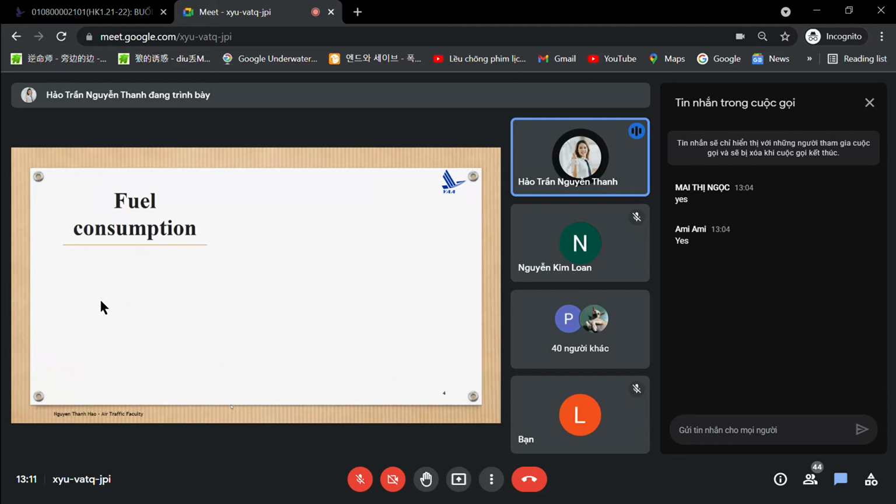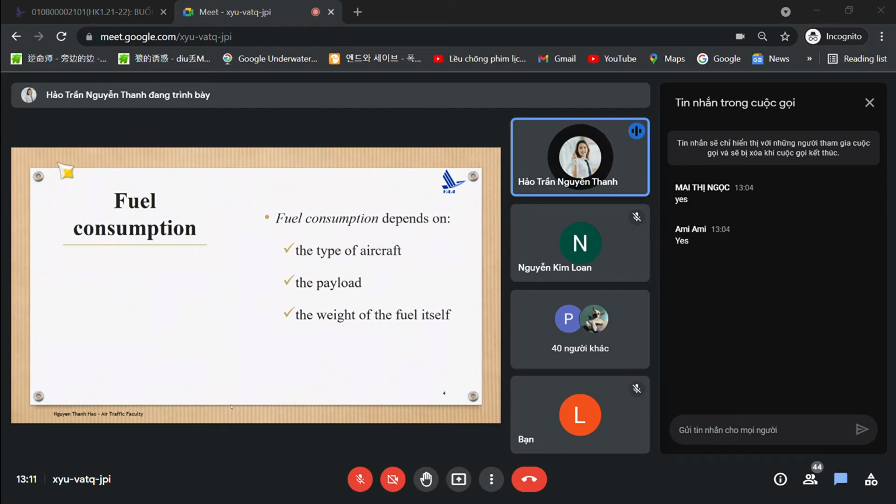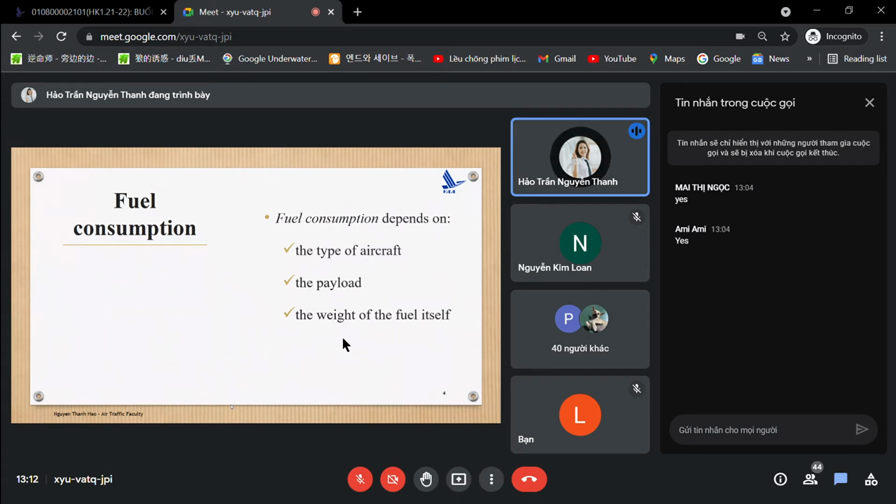With the knowledge relating to fuel consumption, I want to introduce that fuel consumption will depend on the type of the aircraft being flown, the payload, including the weight of passengers, bags, or cargo, and also the weight of the fuel itself.